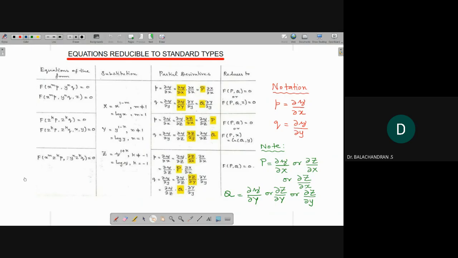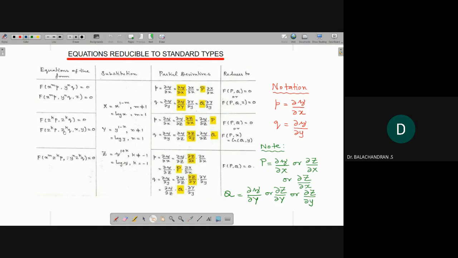Next, here I already told that P is always with X, and Z is always with P and Q. So X is with P, Y is with Q. So this is one group. These are the forms, equations of the form.